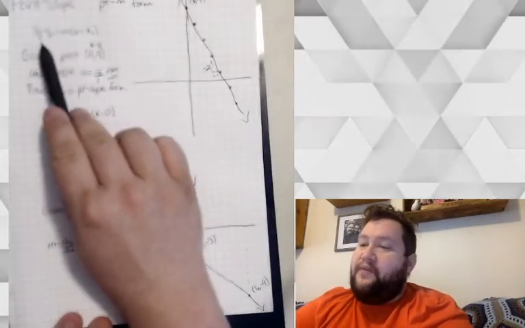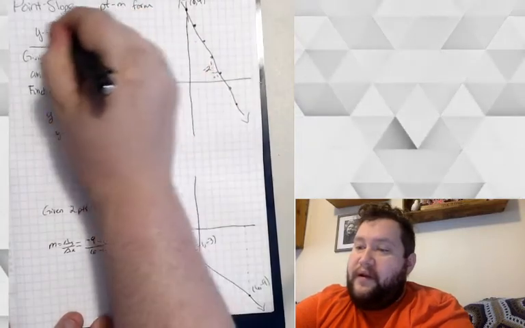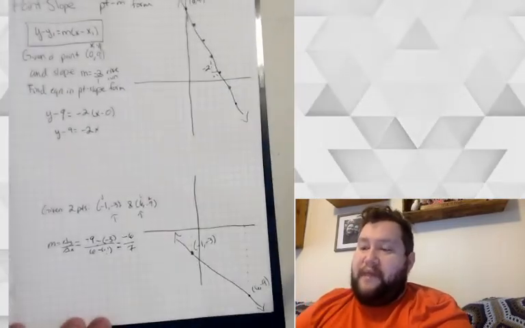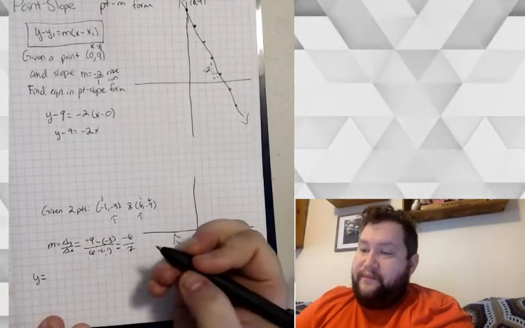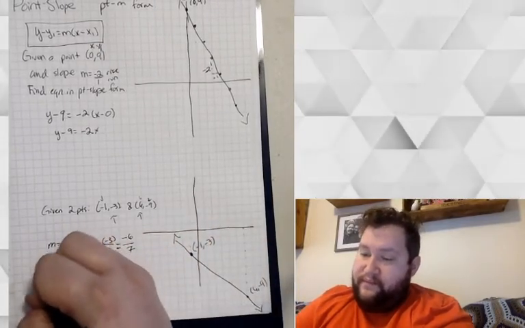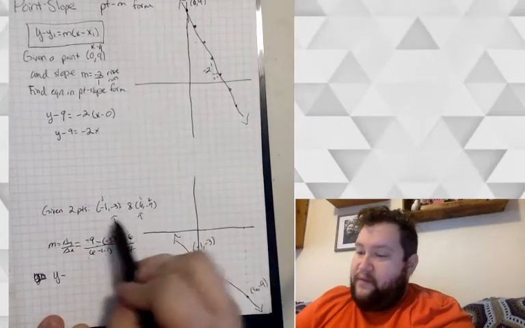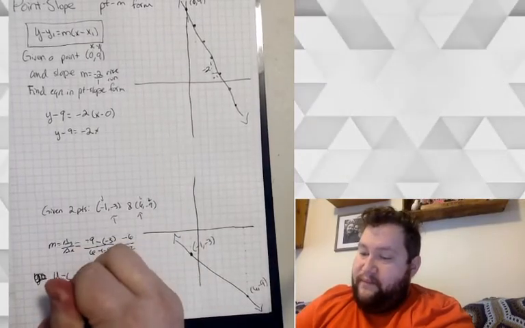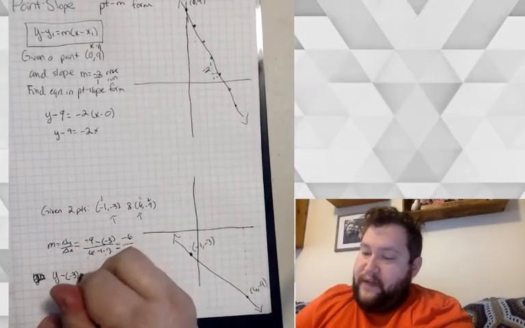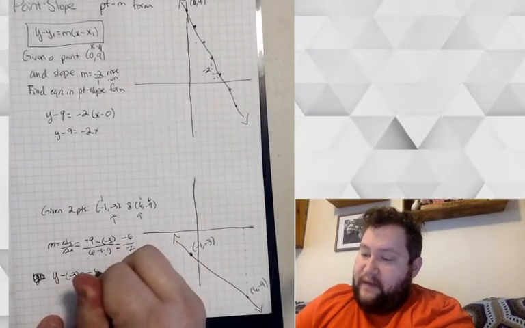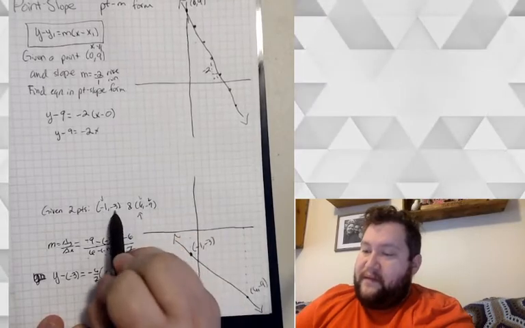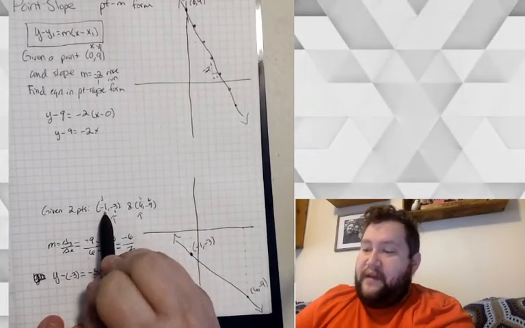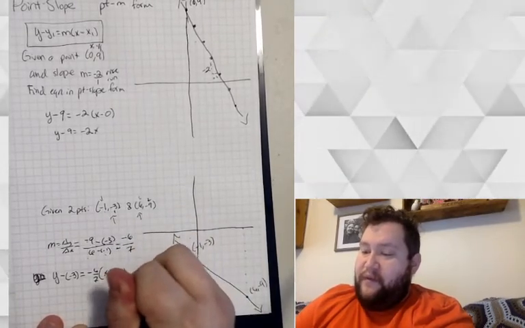And so using our form, y minus y1 equals m times x minus x1, we have y minus y1, negative 3, equals m, negative 6/7, x minus, and since I picked this y value, I need to pick this x value, negative 1.